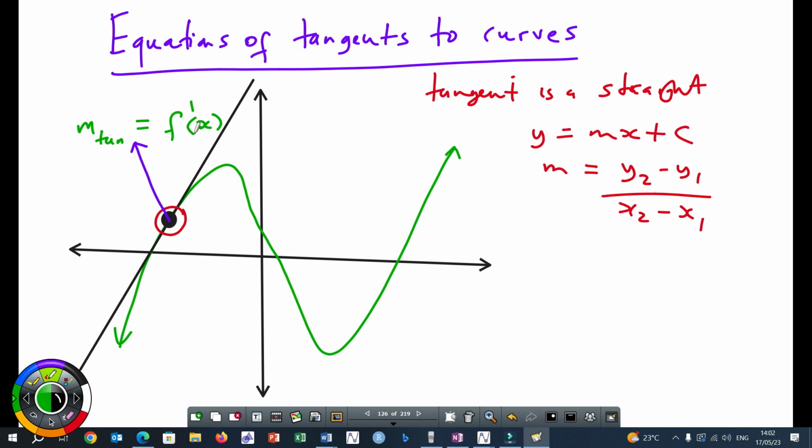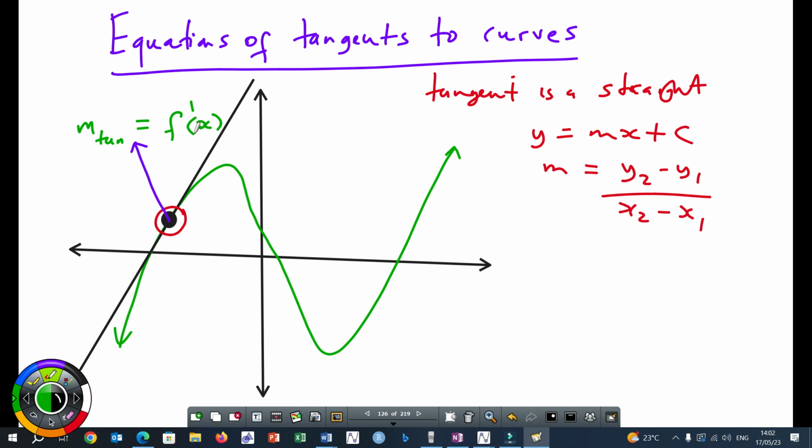Remember, at the beginning, I told you that the gradient m is equivalent to f prime of x. So sometimes, if we want to find the equation of the tangent, if you are given the equation of the cubic function, you can find its first derivative.